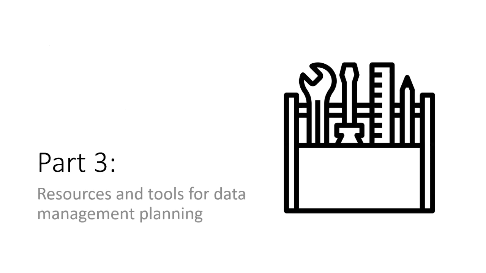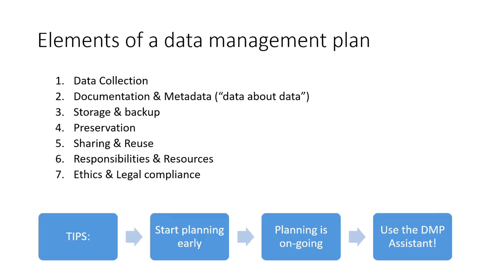Okay, so now we'll look at the resources and tools for data management planning. And Melissa mentioned a number of these in the RDM 101 modules. And generally there's 7 elements of a data management plan.